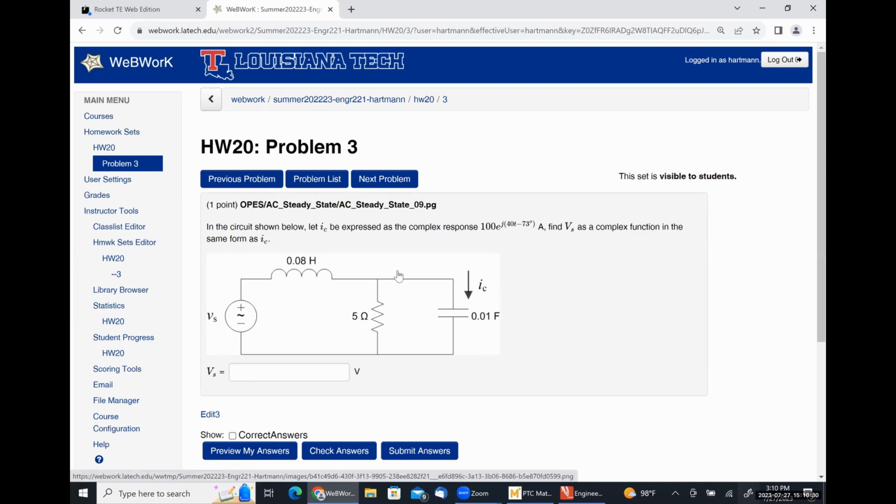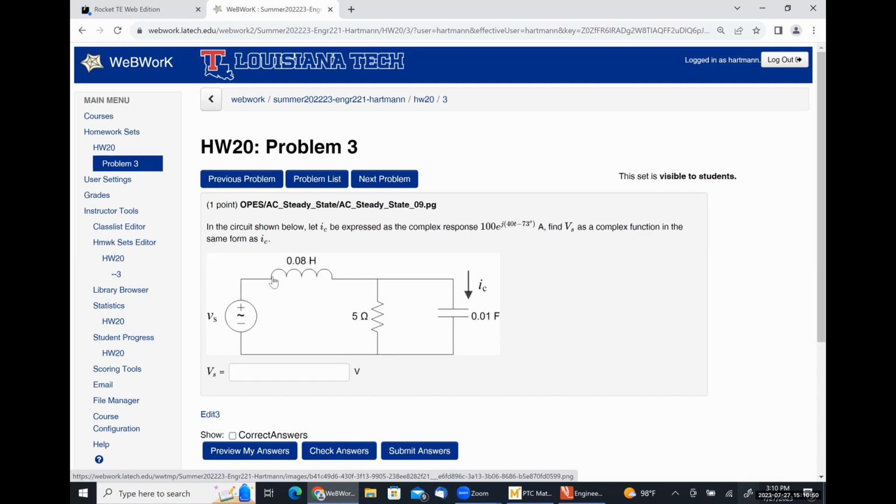With regards to analysis, since you have IC, you could find the voltage drop across the capacitor. That's the same voltage drop as is across the resistor. So add the capacitor current plus the resistor current to get the current flowing through the inductor.